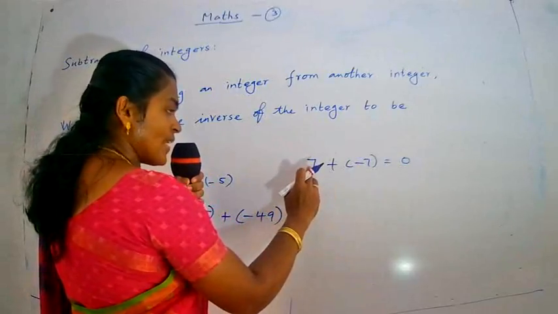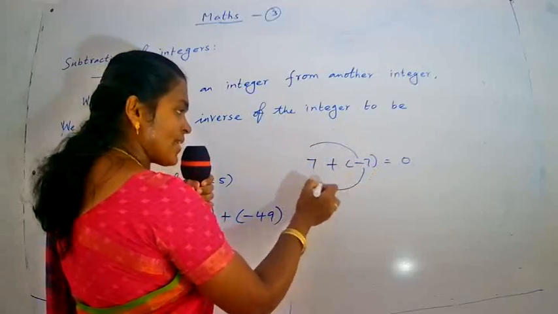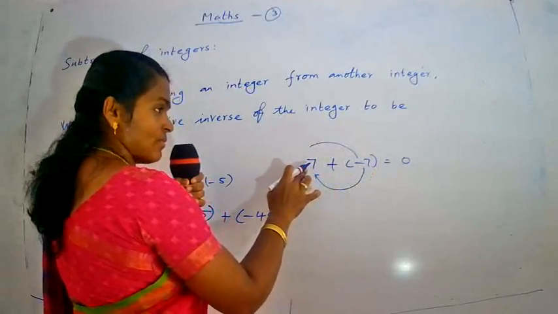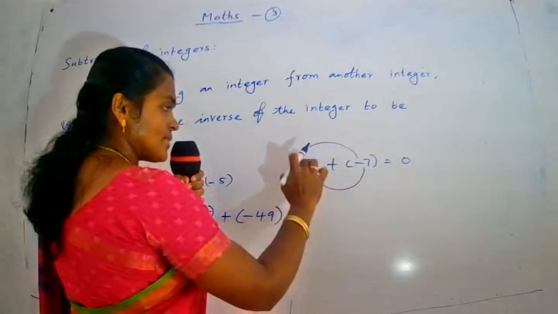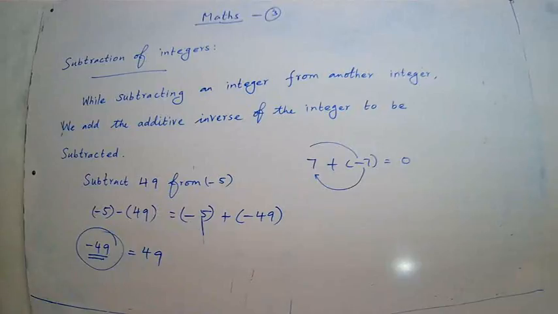So 7 is the additive inverse of minus 7, and minus 7 is the additive inverse of 7. Clear? What is the meaning of additive inverse? Two integers whose sum is 0 are known as additive inverse of each other.